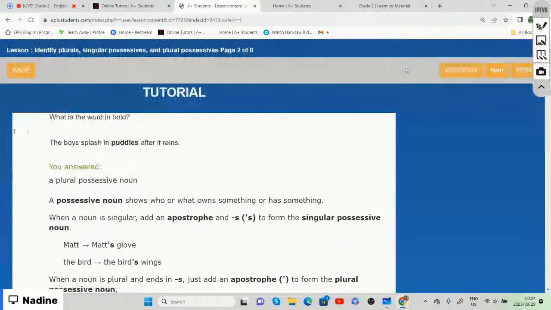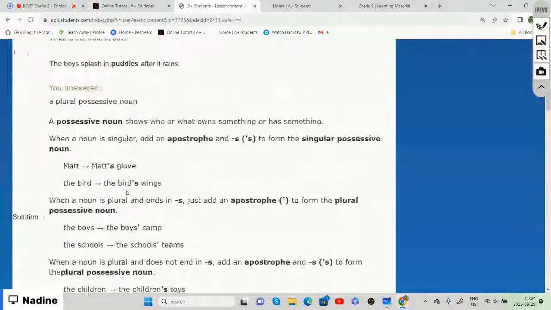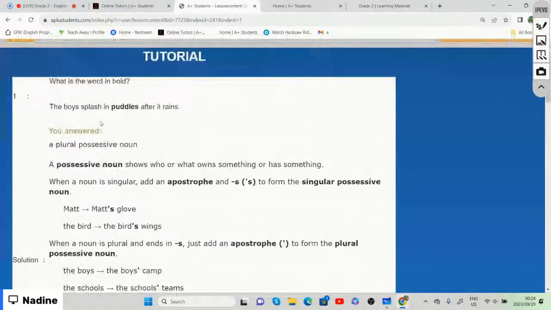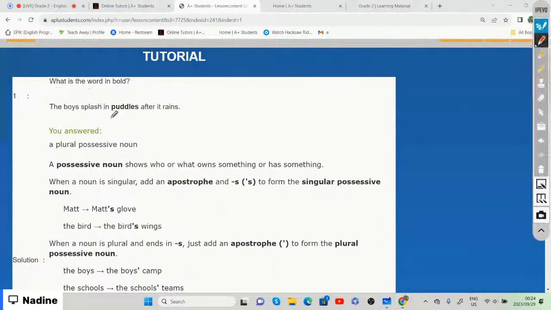If we look at this word, the boys splash in puddles after it rains. So puddles, the word puddles.